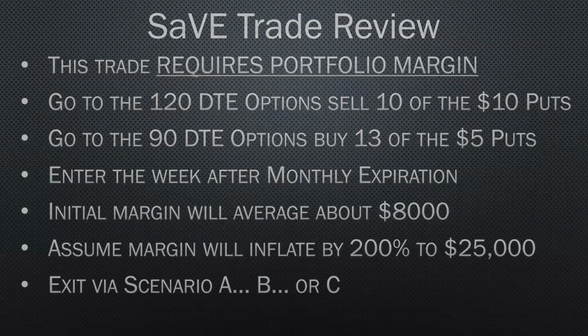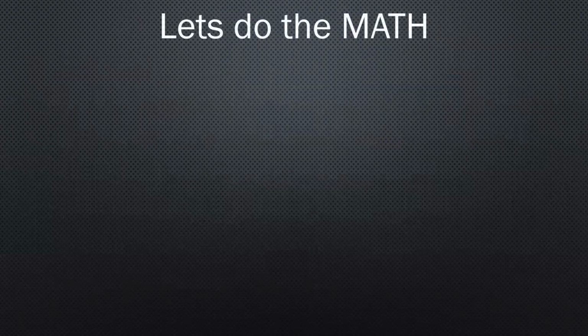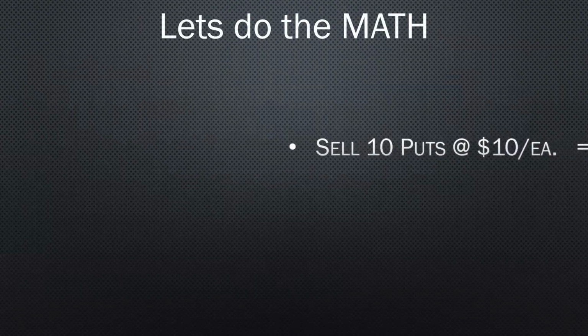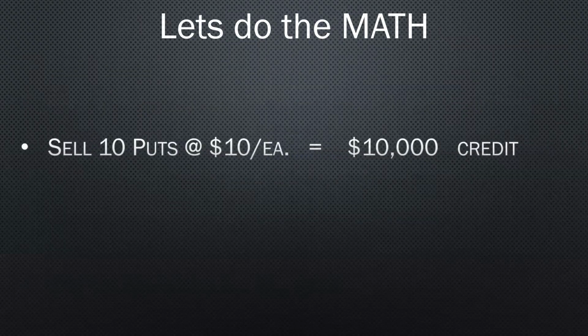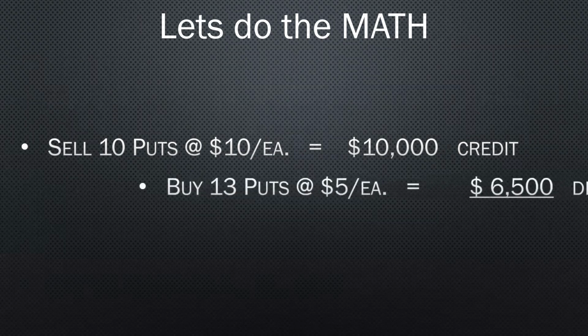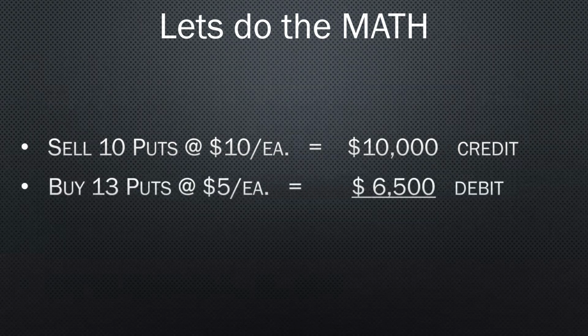All right, so let's do the math real quick on that. We're going to sell 10 of the $10 options, whatever strike that happens to be at 120 days out. That's going to bring in $10,000 in credits. We're going to buy 13 puts with those dollars. So we're going to spend $6,500.